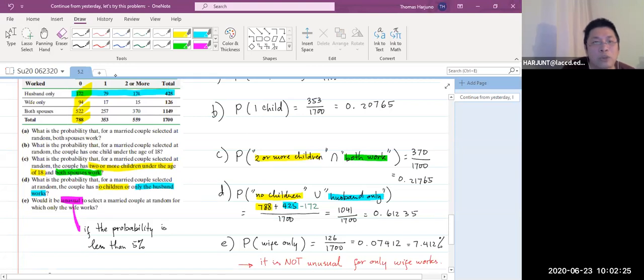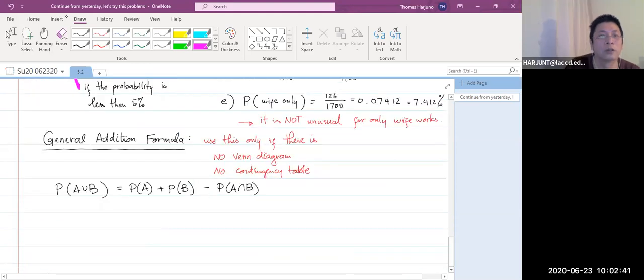We subtract this 172 because it is double counted. You're supposed to count it only once, so because it's double counted, you subtract it once. That's the illustration of this formula.